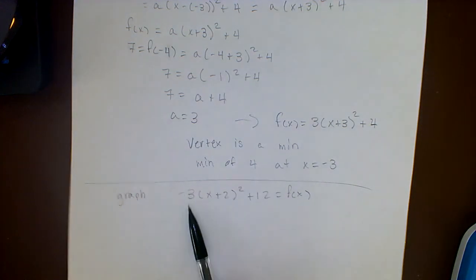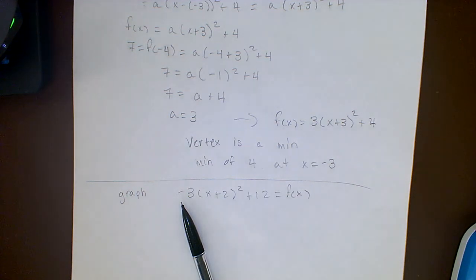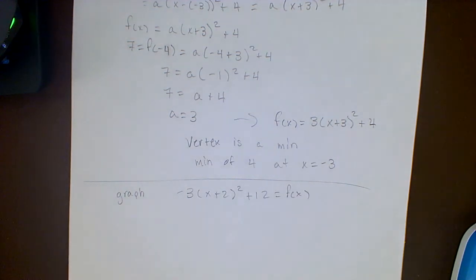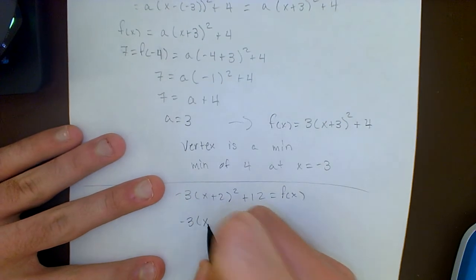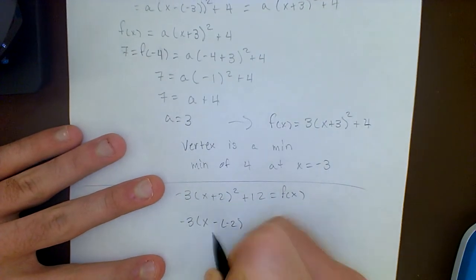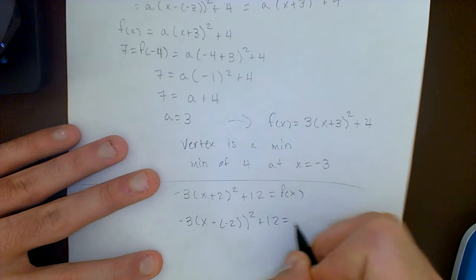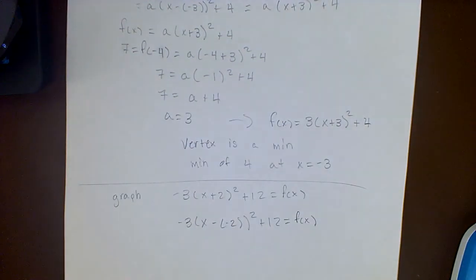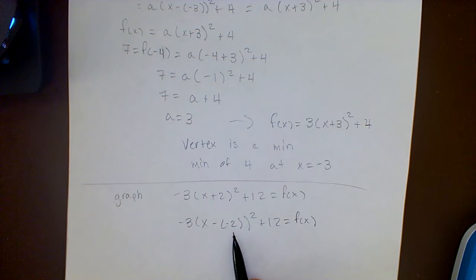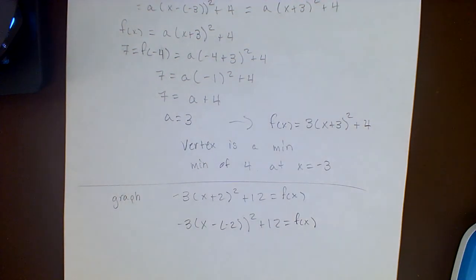So we've got a is negative 3, so already this tells us how wide our parabola is going to be and that it's going to be concave down. And we can rewrite this, so this is negative 3 times x minus negative 2. You want to get the minus in there because it's x minus h plus 12 equals f of x. Okay, so this tells us that the vertex is going to be at the point negative 2, comma 12.